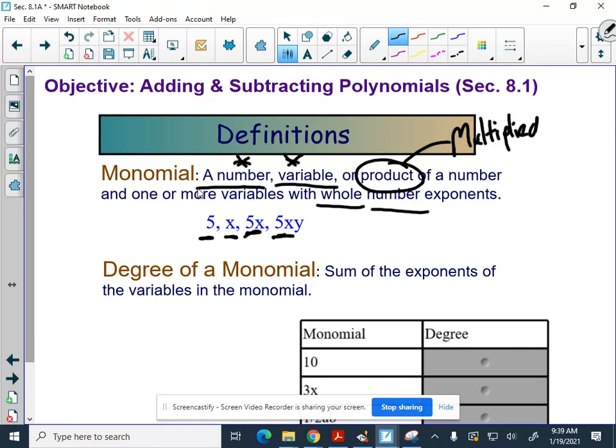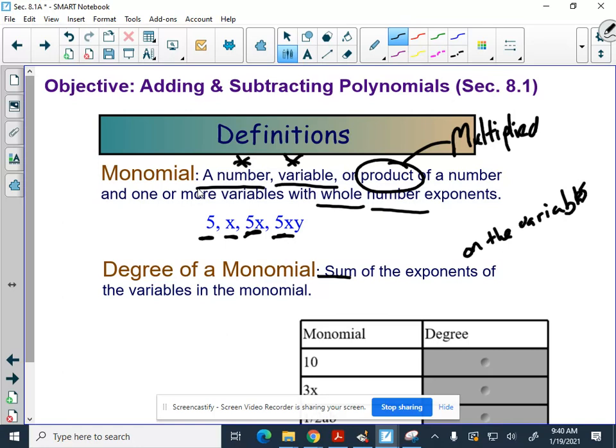Next, what is the degree of a monomial? The degree of the monomial is the sum of the exponents. Now remember, exponents are the numbers up in the air. It's specifically got to be the sum of the exponents on the variables.